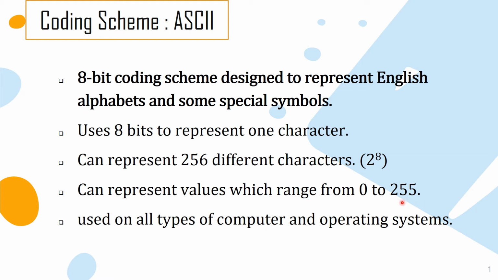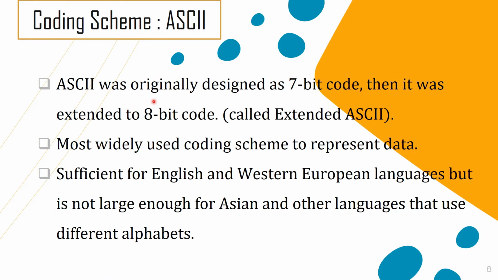And ASCII is used on all types of computer and all operating systems such as Windows. Actually, ASCII was originally designed as 7-bit code, but then it was extended to 8-bit code. And it is also known as extended ASCII.